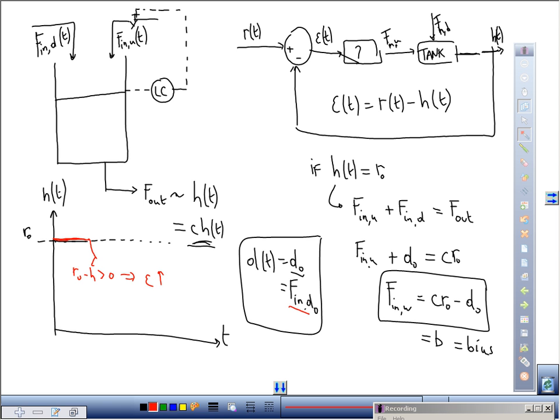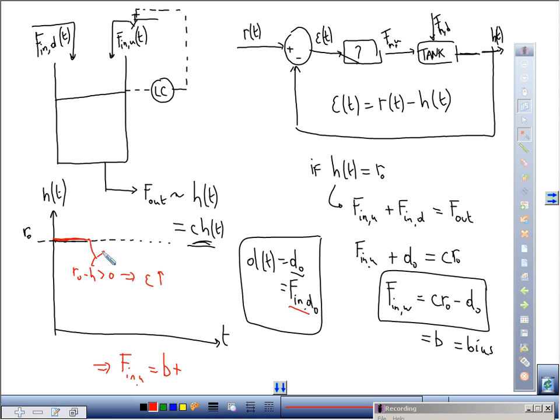So what we could do is, instead of just making our controller send out this constant value b, we add an extra term that states that when the error increases, we take an extra effort to bring back our level to the desired value. In other words, we're going to increase the input flow rate F in U when, for instance, the F in D is decreasing.